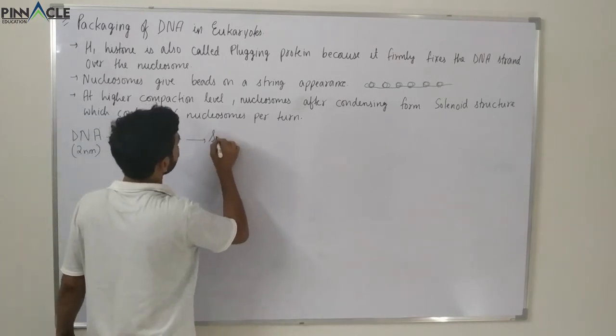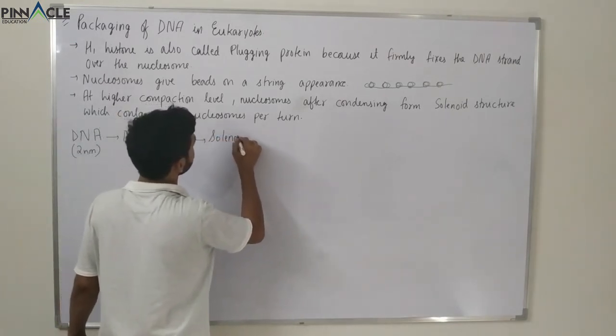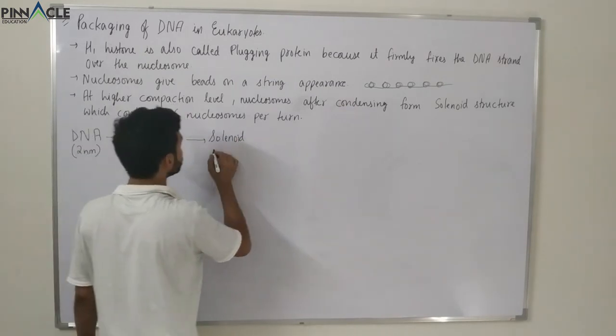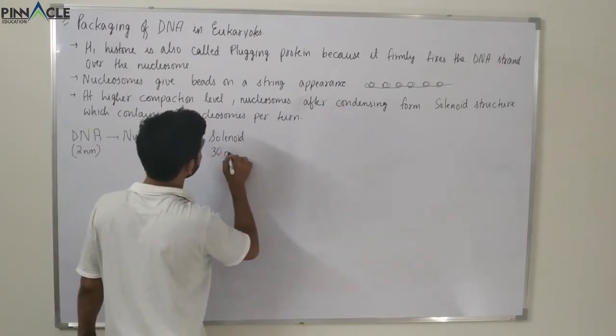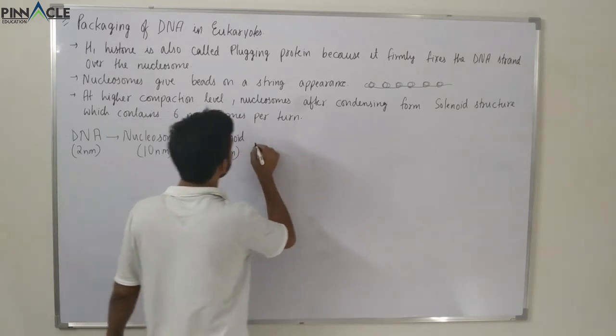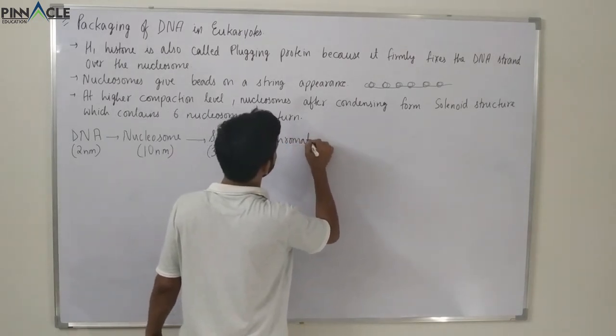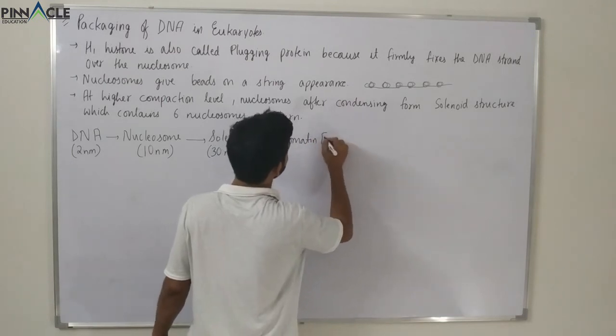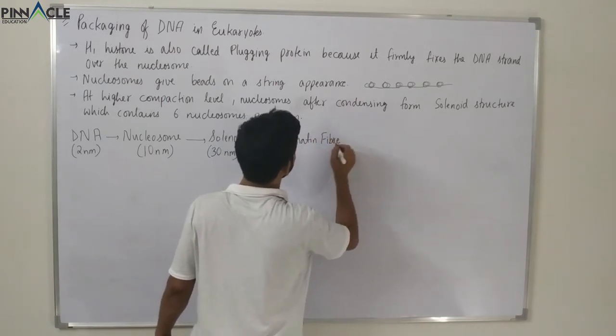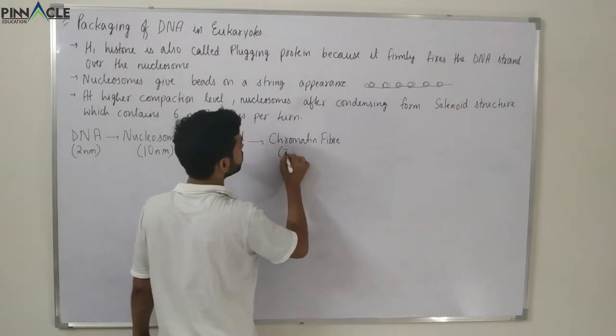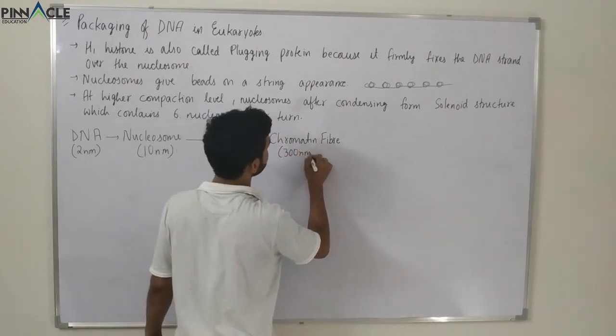Then comes the solenoid structure, and the solenoid structure is 30 nanometer. Then comes the chromatin fiber. Chromatin fiber is 300 nanometer in thickness.